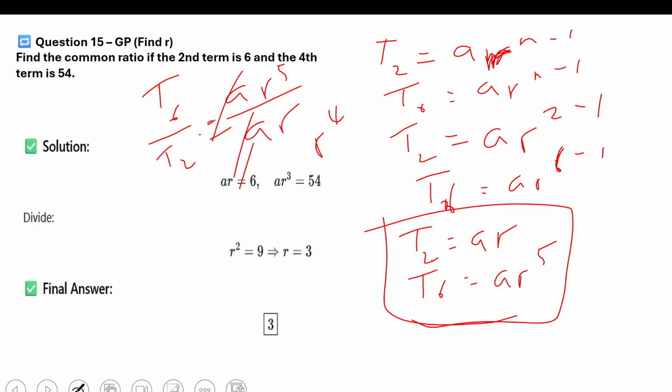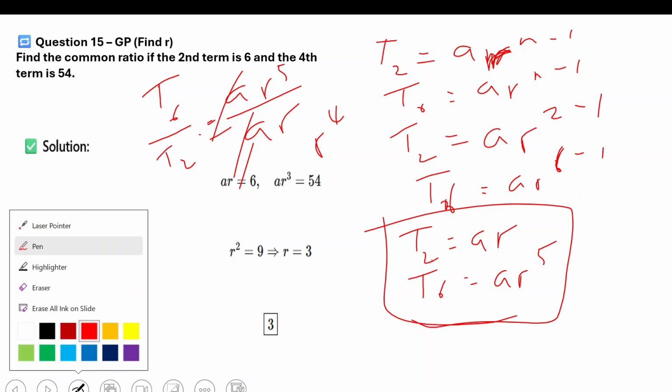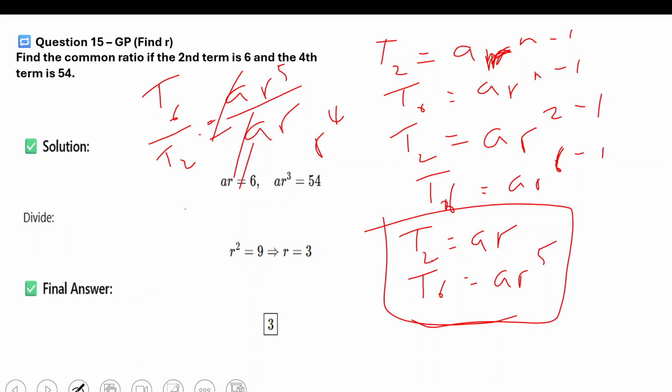But mind you, we're told that T6 is 54. I've left off somewhere.